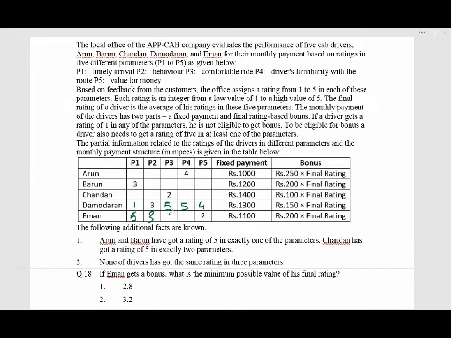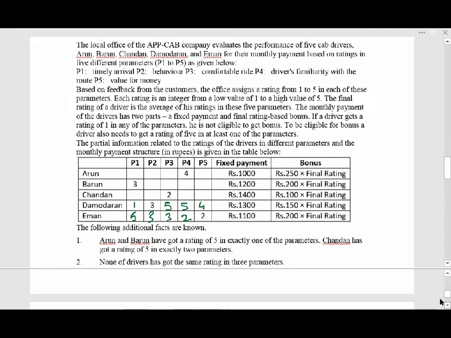So the other 2 parameters are given 3 and 3 and 2 and 2. I cannot give 3 parameters more than 2 parameters 2. And I don't want to give him 4 in any parameter or any other 5, to keep it minimum. So what is the total he has got? 15. In 5 parameters, average will be 3, which is option 3. Next problem.